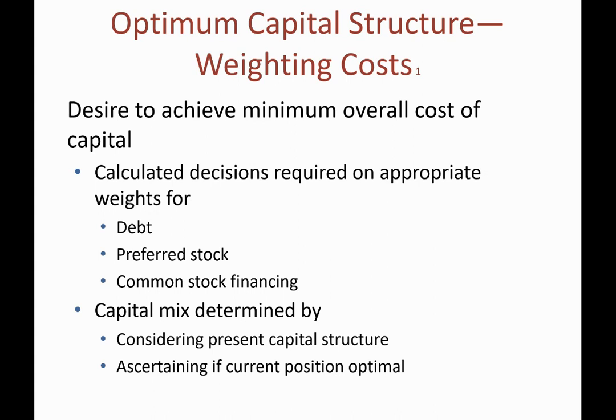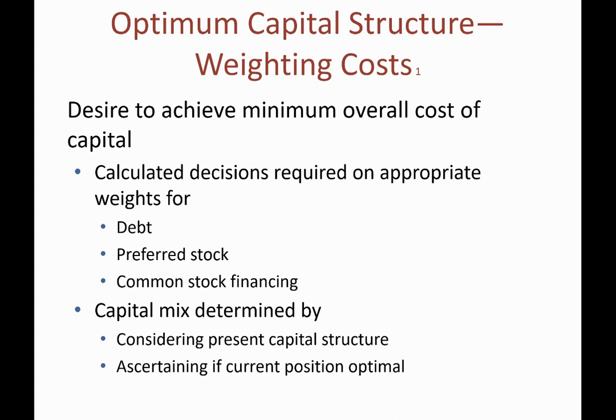So now we have seen what our cost of capital is in terms of preferred stock, common stock, and bonds. Again, we know for bonds, the yield to maturity represents the cost of capital.